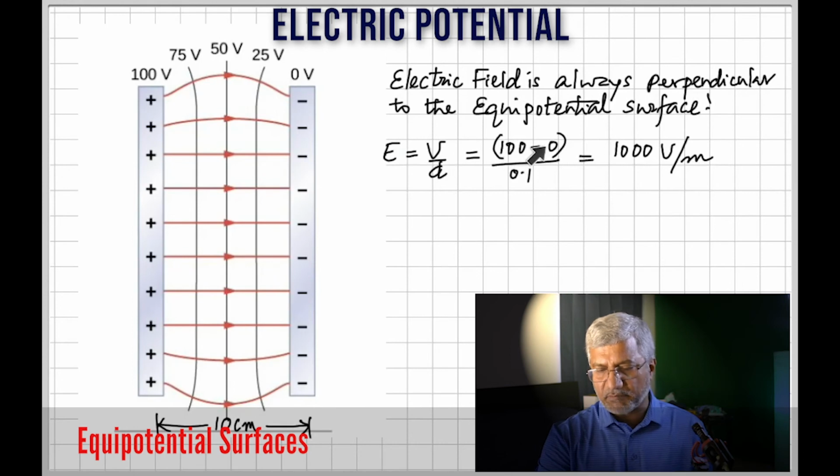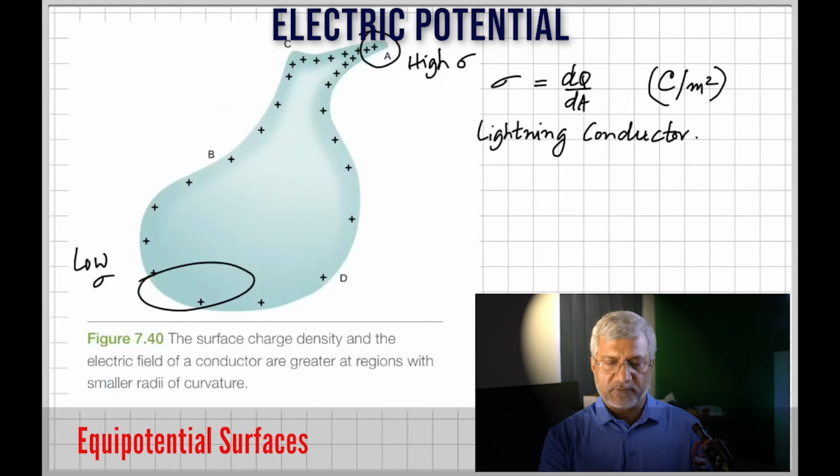So you get 100 minus 0 divided by 0.1 meter, which is 1,000 volt per meter, is the strength of the electric field. Now, usually we put the electric field in newtons per coulomb, but now you have another unit because of this definition, which is volt per meter.